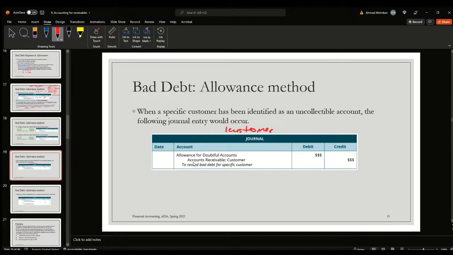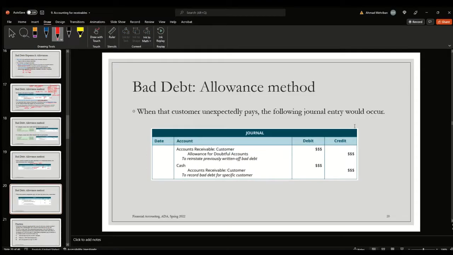That one customer did not pay, let's say $20. In that case, allowance for doubtful accounts will go down through the debit side by $20, and accounts receivable on the other hand will go down $20 through the credit side. Don't forget, this is a contra asset account, and this is just an asset account.